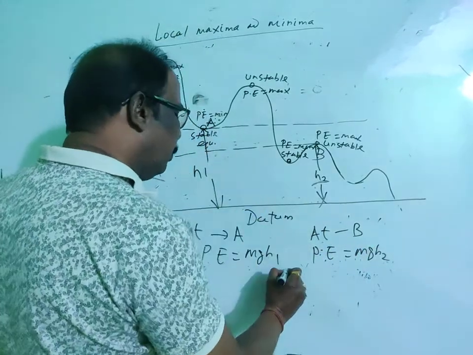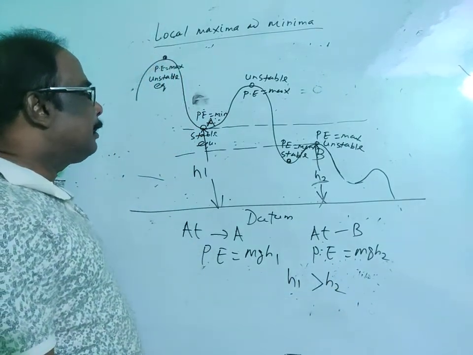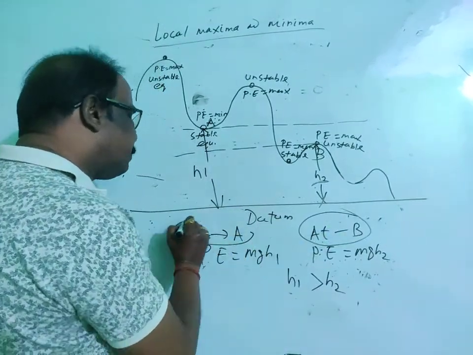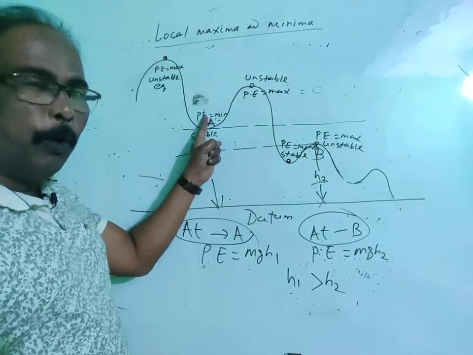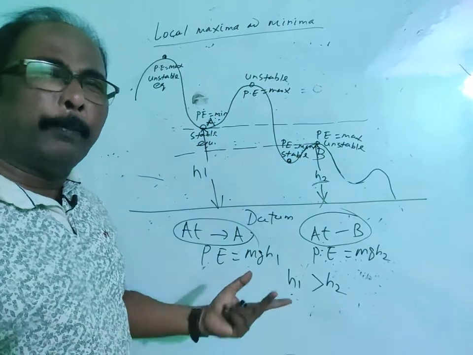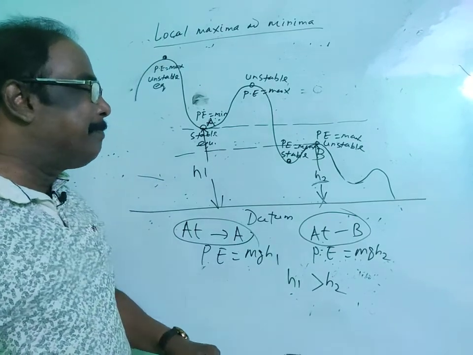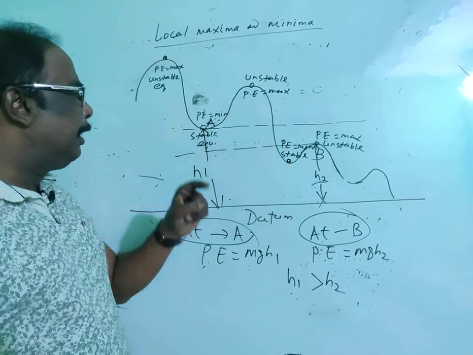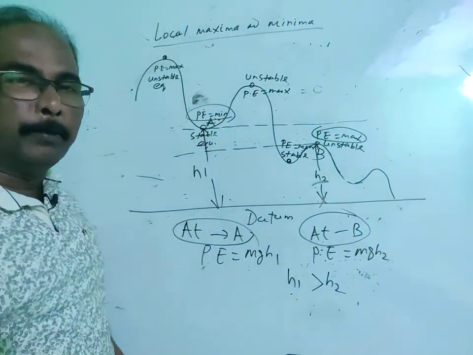But as we know, h1 is greater than h2, which means if you compare between position B and position A, then at position A potential energy is more as compared to potential energy at B. Then if you compare like this, I may say at B potential energy is minimum, at position A potential energy is maximum. But what we have taken here, potential energy is maximum here, potential energy is minimum here.